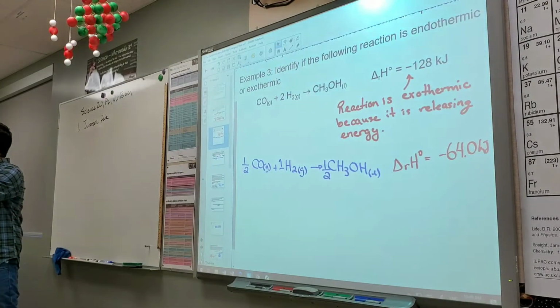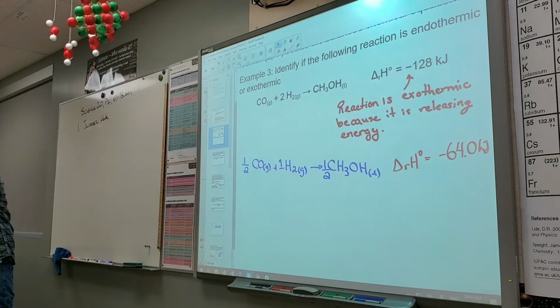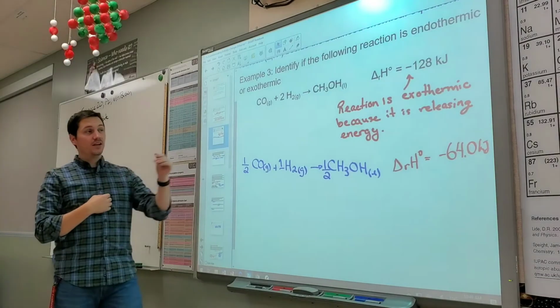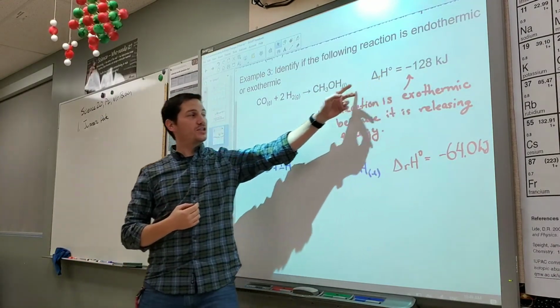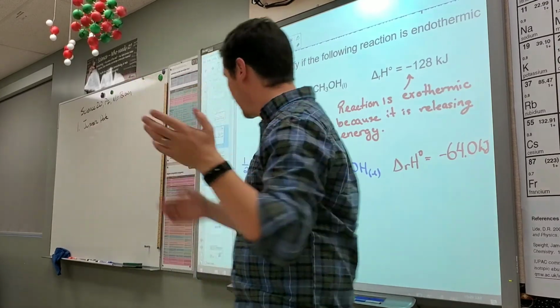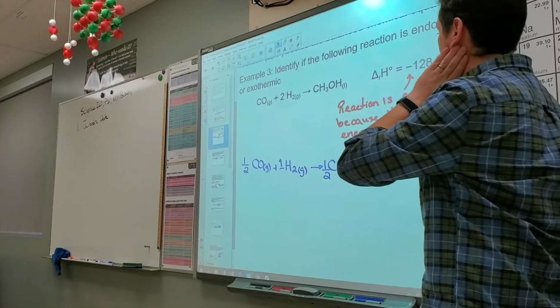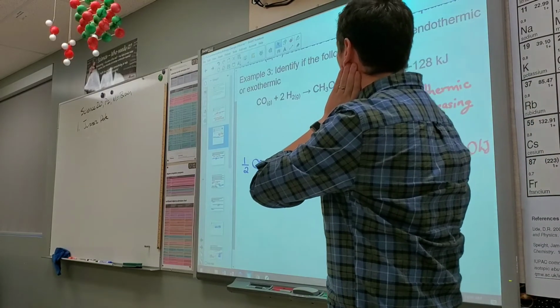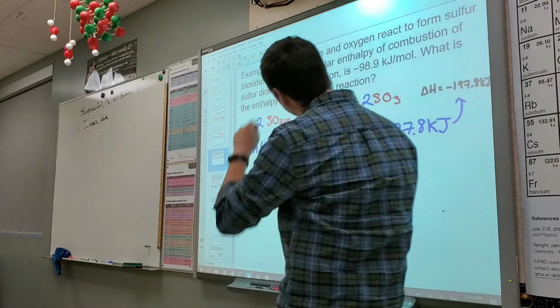I could have said the molar enthalpy of the reaction is this, or I could have said that the enthalpy of this specific reaction is this. And that's totally fine. It's kind of the same thing. Okay, perfect. Let's move on.